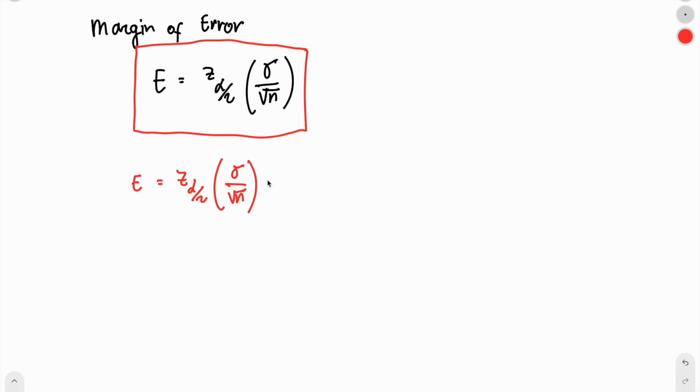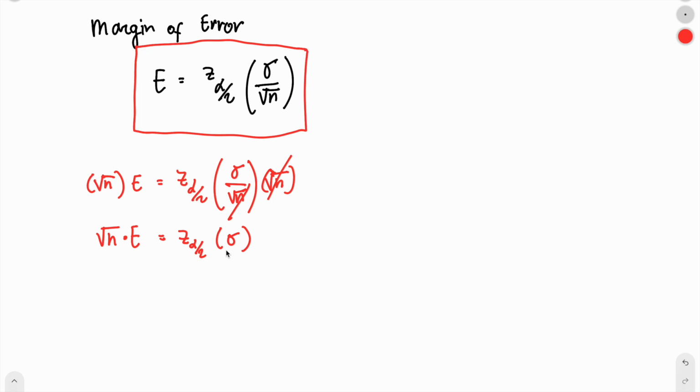So to get rid of square root of n, we multiply both sides by square root of n. So cancel na ni cancel. So we have square root of n times e equals z sub alpha over 2 times sigma.